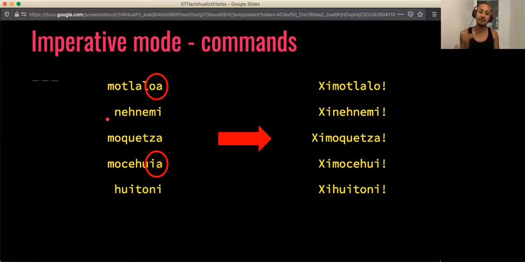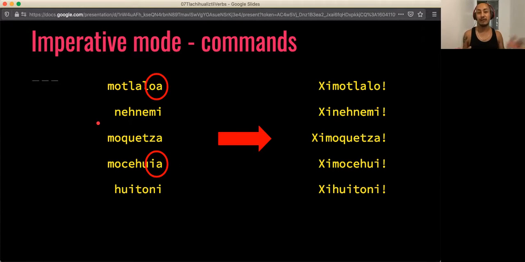So you could say shinehnemi, or you could say shion nehnemi. The on makes it a little nicer. However, in some varieties of Nahuatl, that on doesn't necessarily mean nicer, so it's a Chicontepec thing.